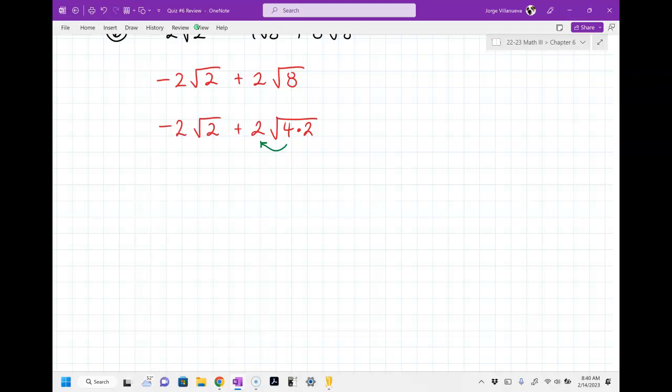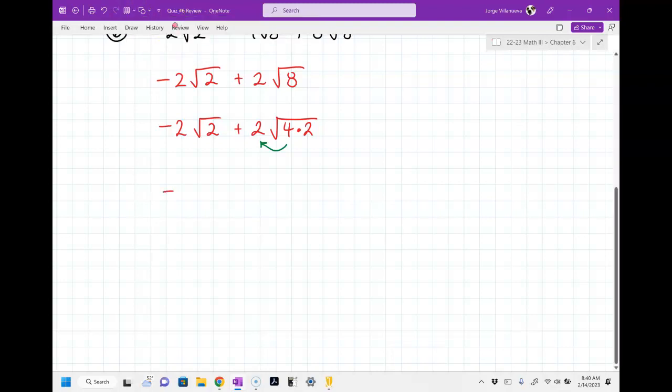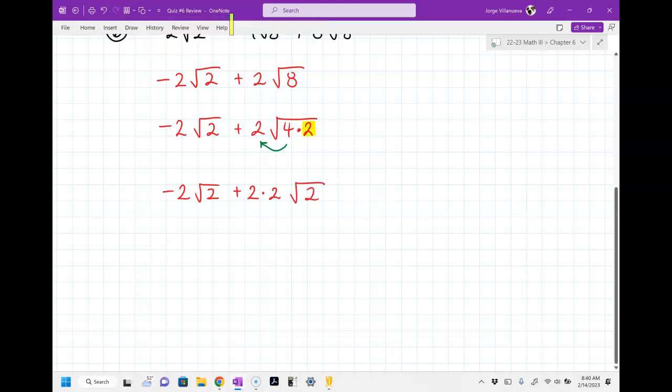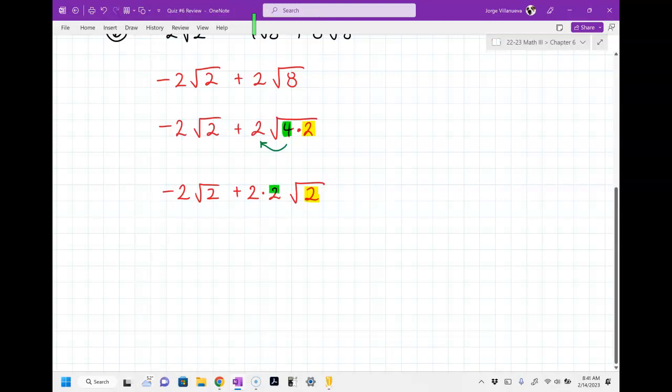You're taking out a 2 from that square root. Okay, so it's negative 2 square root of 2 plus 2 times 2, because that's the square root of 4. And then square root of 2, that's this number right here. Okay, in case you're wondering where all these 2's are coming from, there's that. The 4 became that 2.